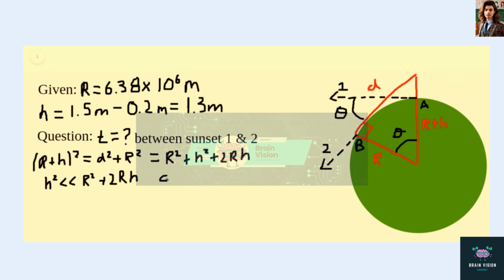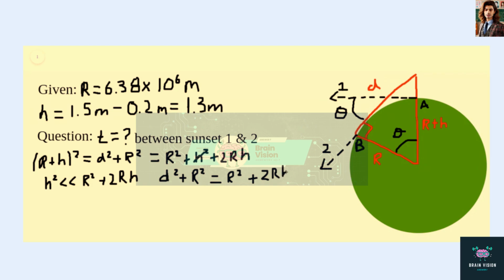So we're going to rewrite the Pythagorean theorem now as d squared plus r squared, the sum of the two sides. But our hypotenuse now, since we're ignoring h squared, which we cross out, is r squared plus 2rh. All right.